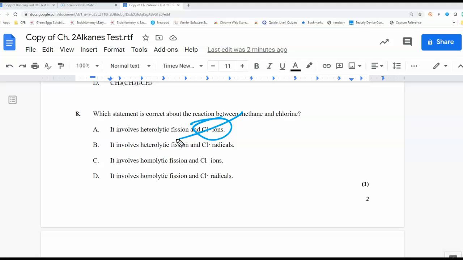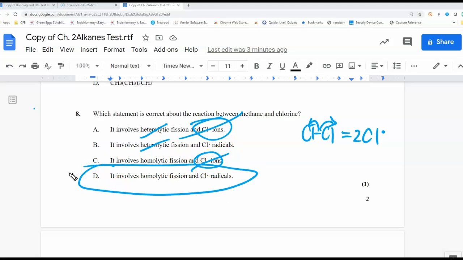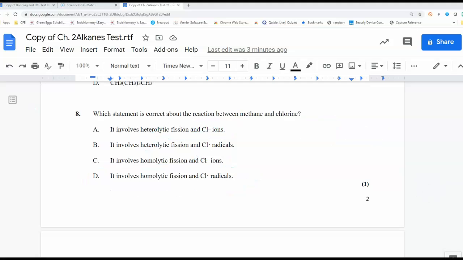It actually involves homolytic fission, because if you remember, the Cl to Cl bond breaks apart and you end up with 2 Cl radicals. So you end up with an equal bond breaking. So heterolytic fission is going to be out, and you do not end up with Cl minus ions. You end up with Cl radicals. So that is our correct answer there.